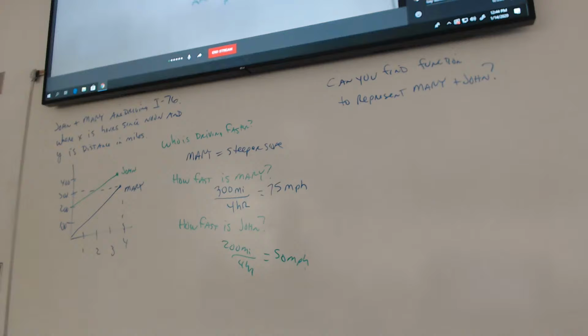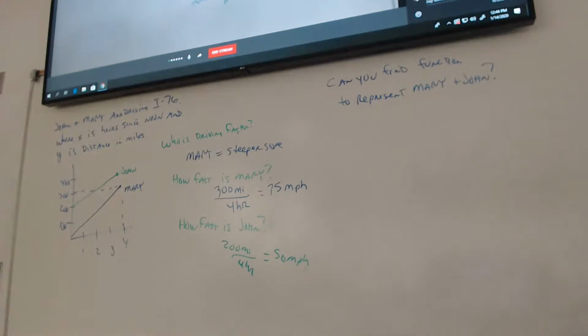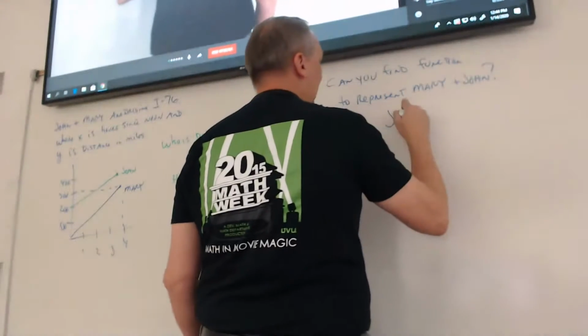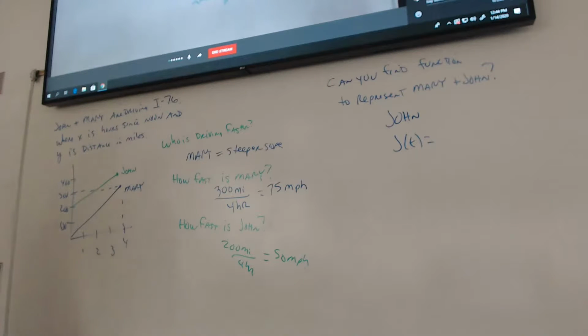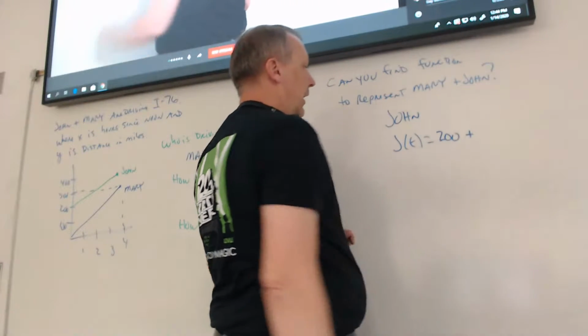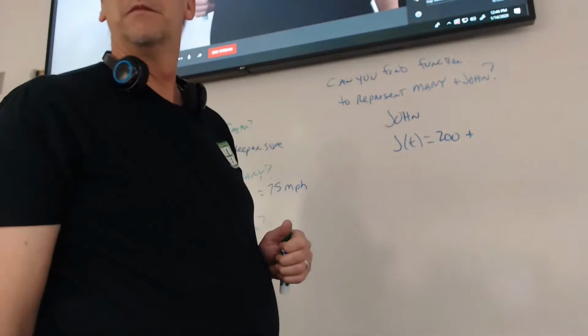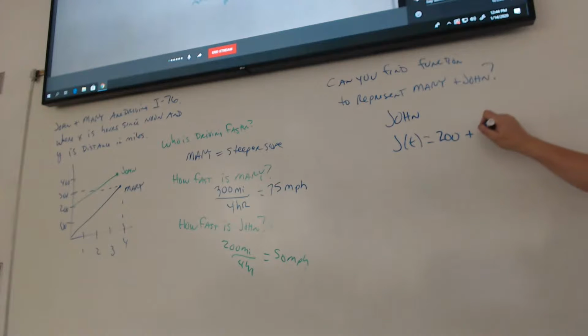Do you want to do Mary or John? I'll let you pick. John? So we'll call J of T for John. Well, the y-intercept, which is b, is going to be 200. Plus, how fast is he going? 50 miles an hour, so it's going to be 50 times your T for time.